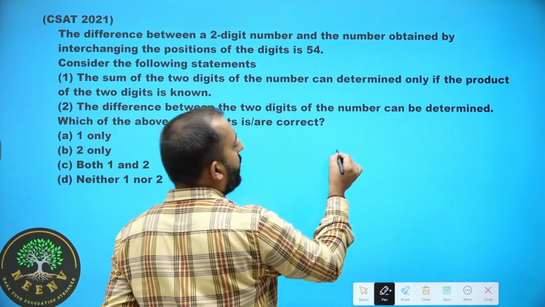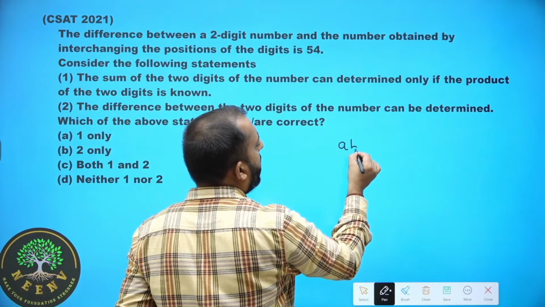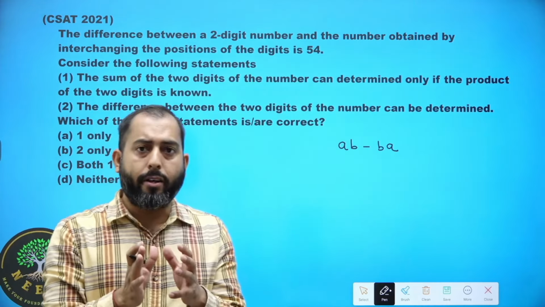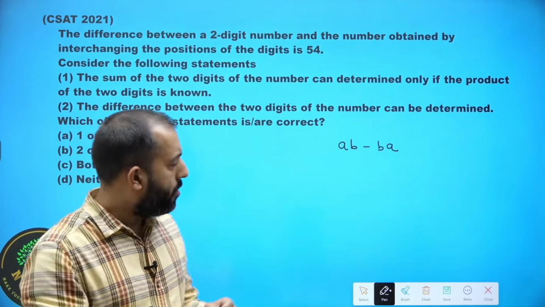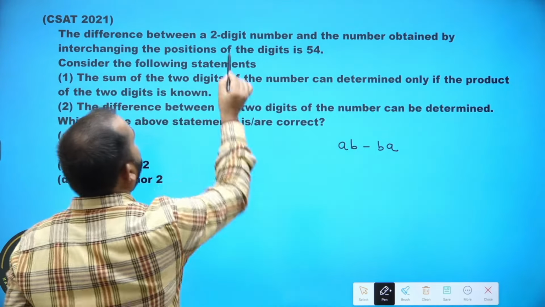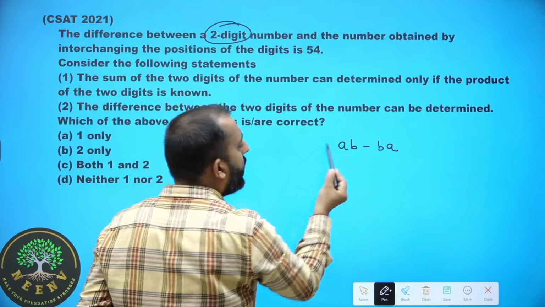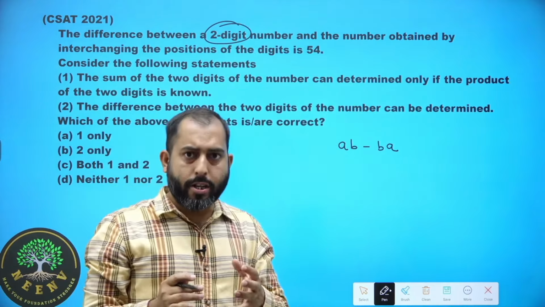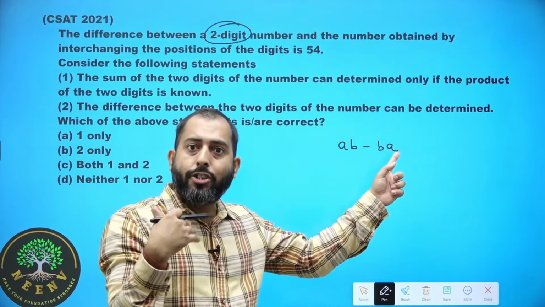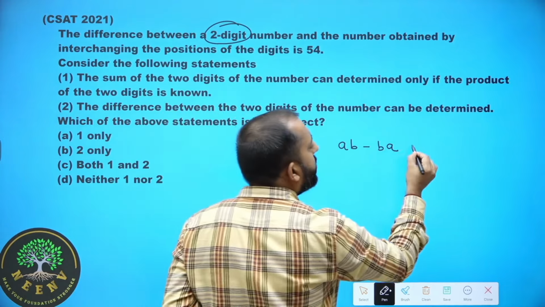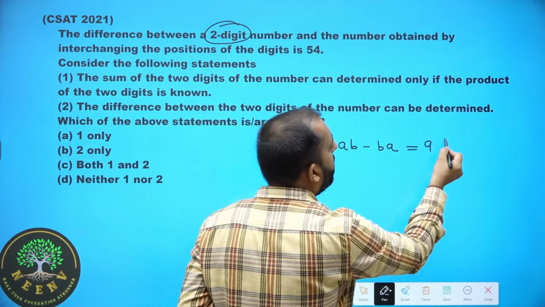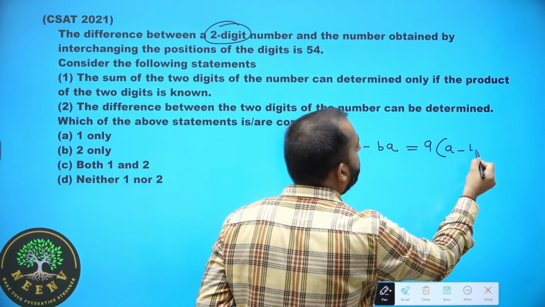We know that if we subtract two such numbers that are formed by interchanging the digits, let's say AB is one such number having two digits, where A is the tens digit and B is the units digit, and from AB we subtract the number formed by interchanging the digits, then the result will be a multiple of 9 and it will be equal to 9 times the difference of the digits.